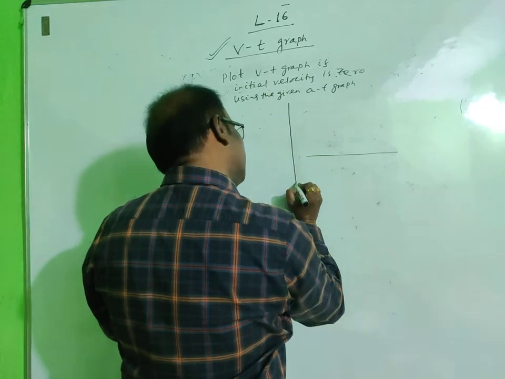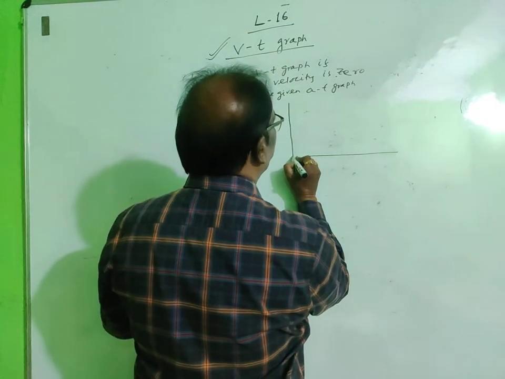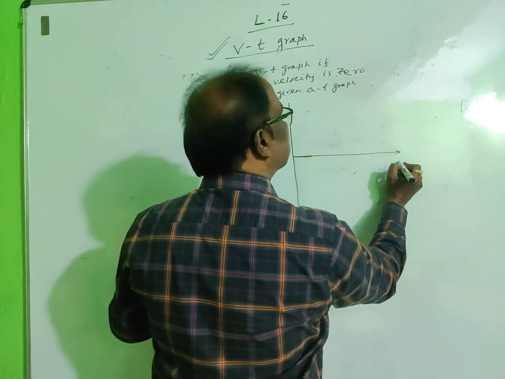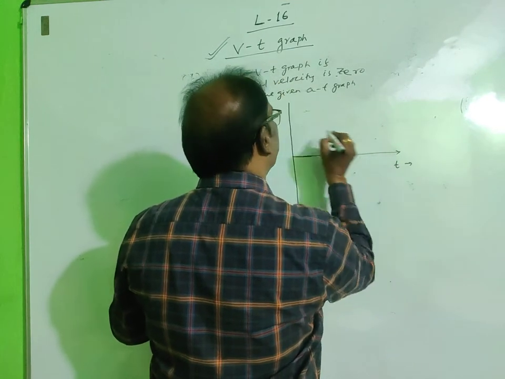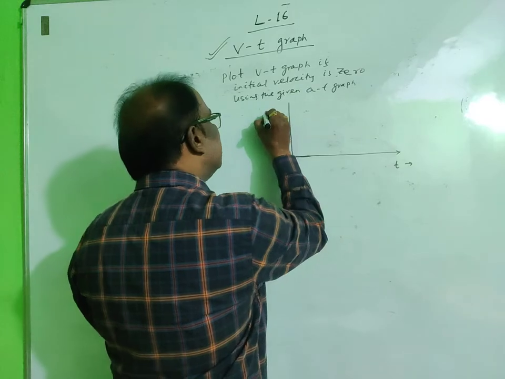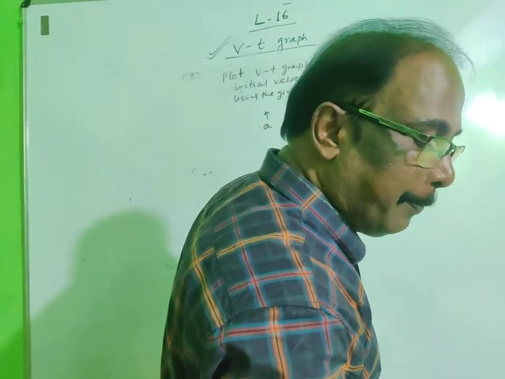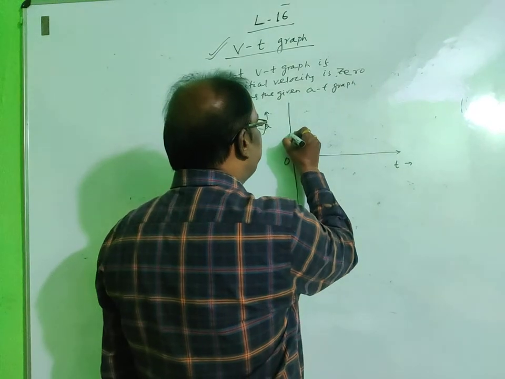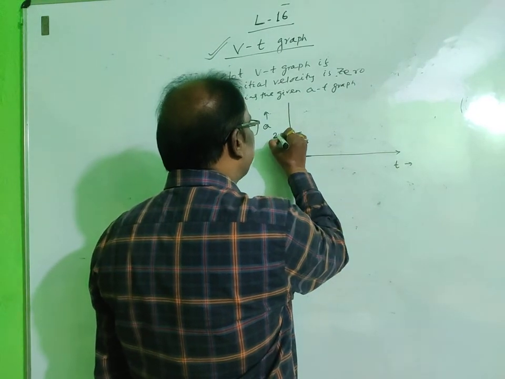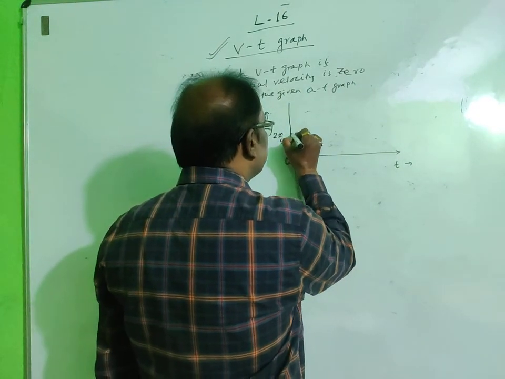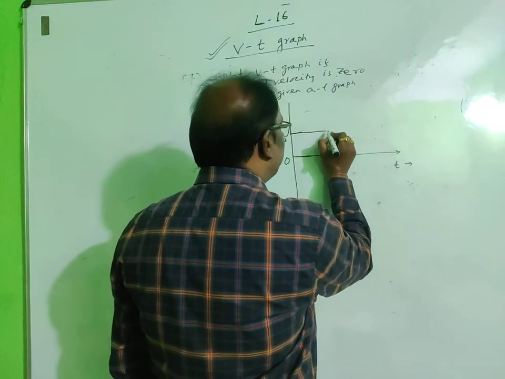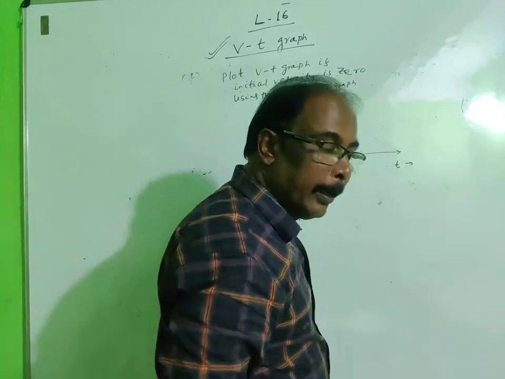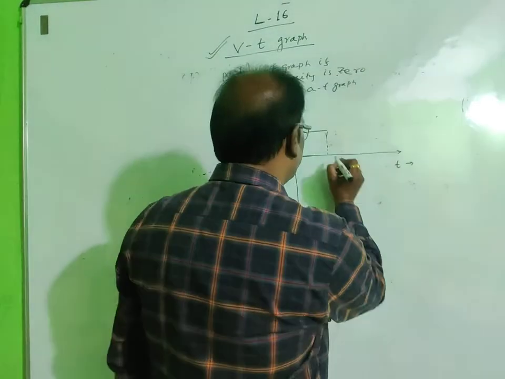This is the y-axis on which we will show variation of acceleration, and this is the x-axis. We are showing variation of time. The graph is like this. Initial acceleration when time is 0 is 2 meter per second square, and this time is 2 seconds.